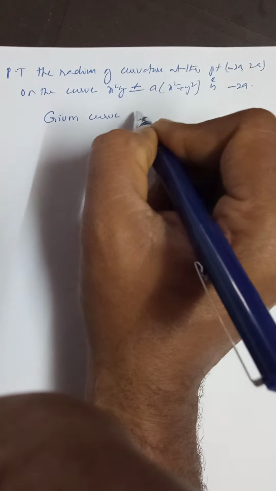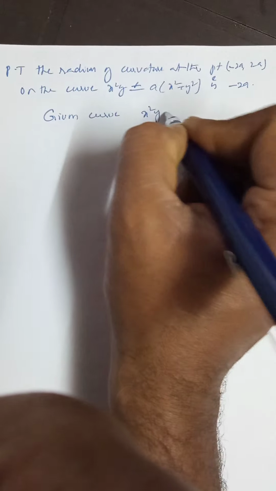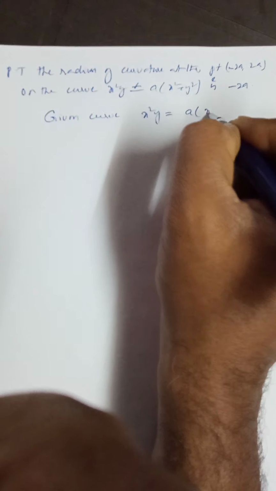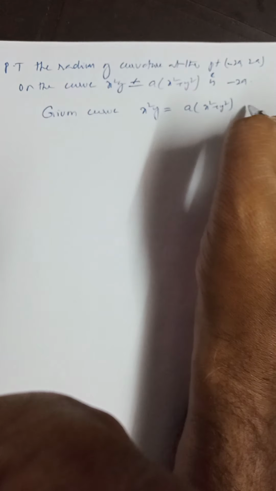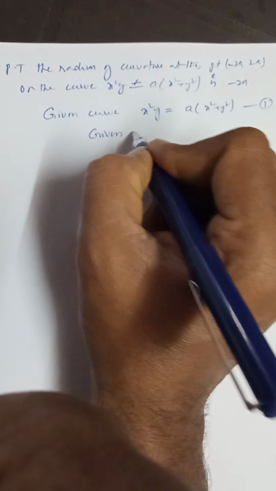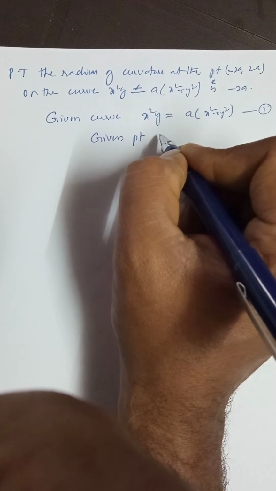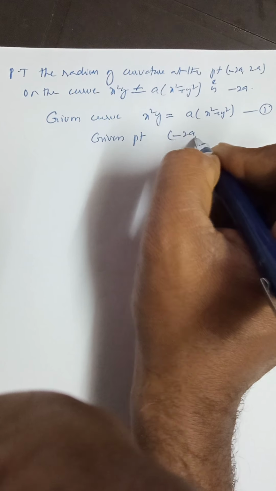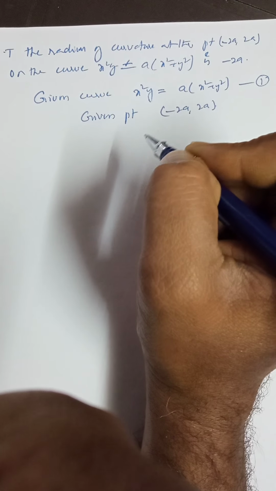Right? Now, solution. What is the given curve? The given curve is x square y is equal to a into (x square plus y square). You call that equation number 1. The given point is (-2a, 2a).